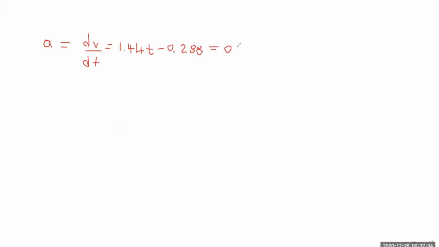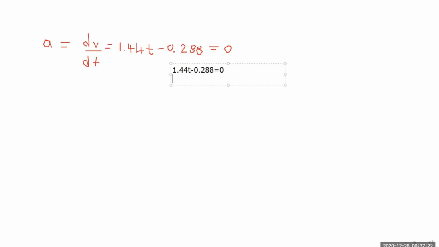Find the time when the velocity is at its maximum. Velocity is at its maximum when acceleration is 0. So solving this equation, 1.44 t minus 0.288 equals 0.